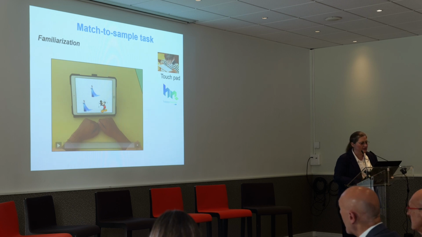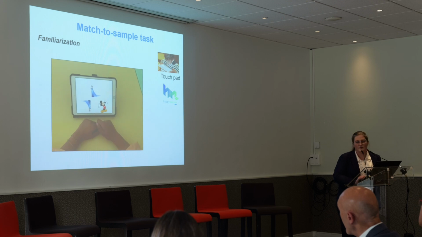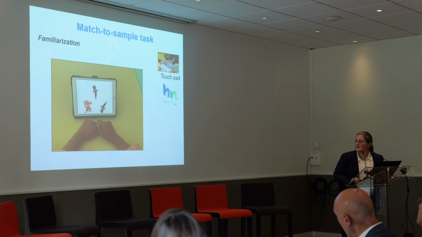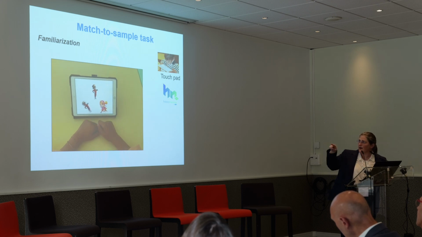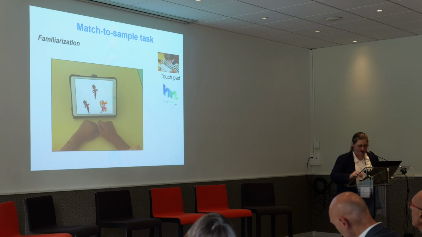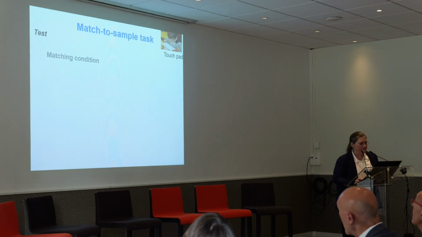So here is an example of the first. It's just using Disney characters to familiarize the participant and to help the person understand that he has to find the one who is the same as the one above. Then you have 2 different conditions.